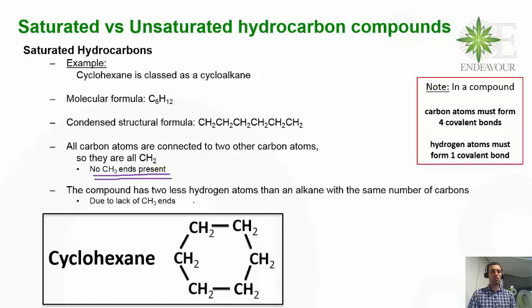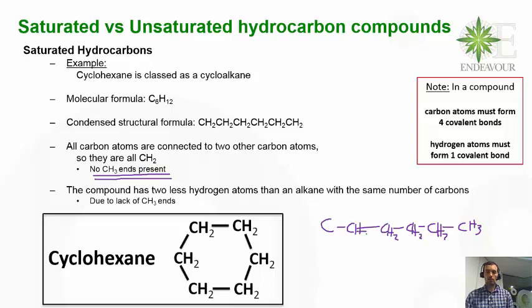So what this means is, in comparison to a 6-carbon compound that was drawn in a straight line, like this, so this is a straight chain structure that contains 6 carbon atoms. If we drew in all of the carbon atoms and the hydrogens, there'd actually be fewer hydrogens in the ring structure than there are in this straight chain structure.